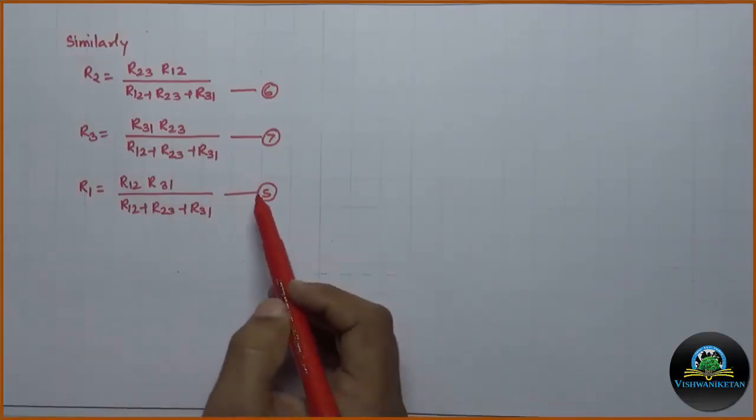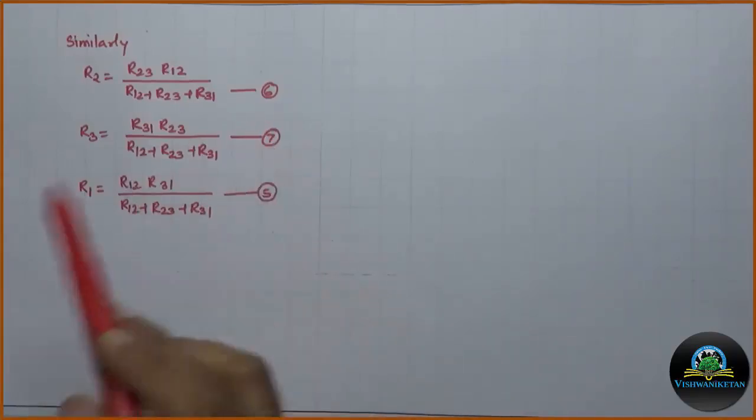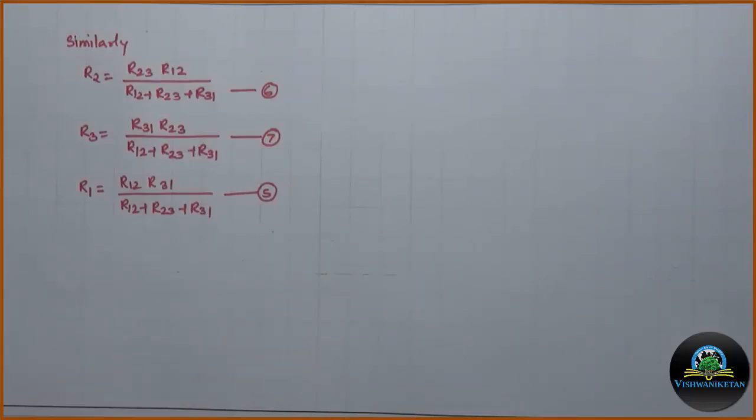Now from equation number 5, 6 and 7, we will derive expression for conversion of star connection into delta connection.